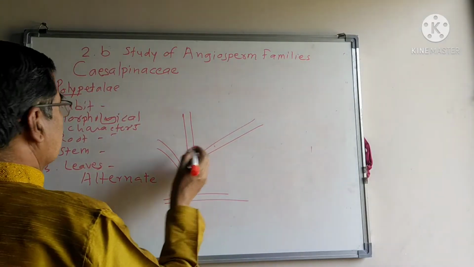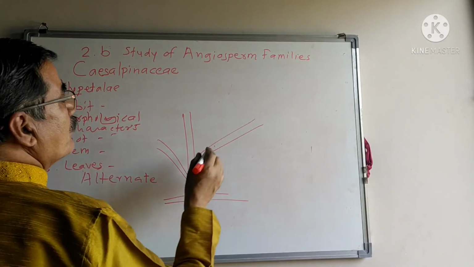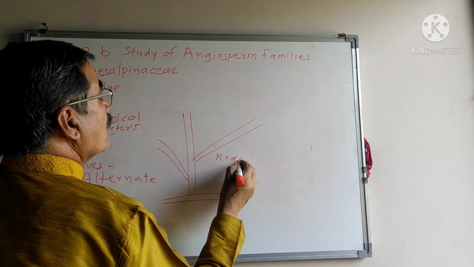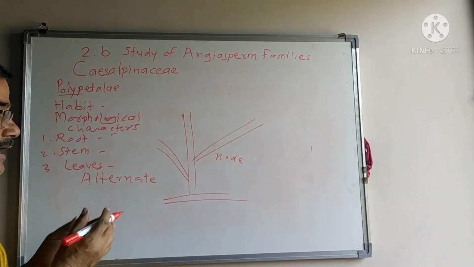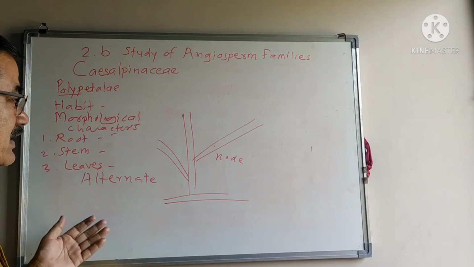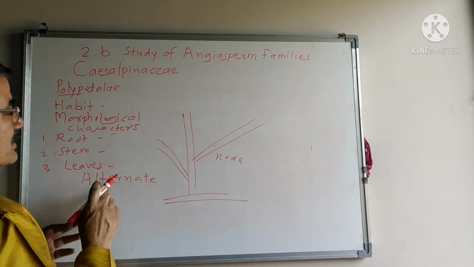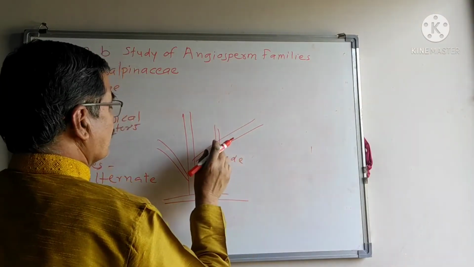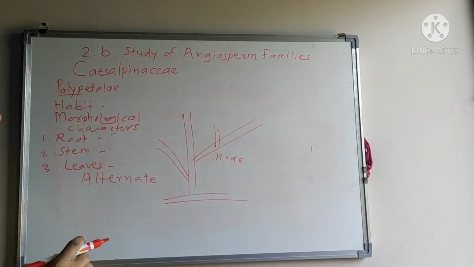This is known as the leaf. The point from which leaves are arranged is known as the node. From the nodal region, an expanded, flattened, green leafy structure which carries out photosynthesis arises, known as the leaf. If the leaf is developed from a node like this, it is known as a simple leaf.